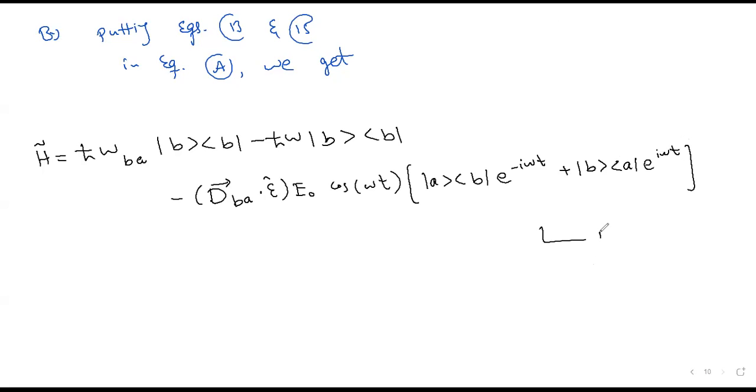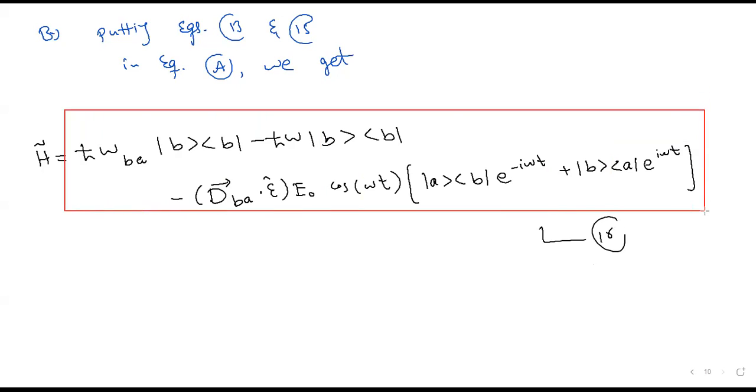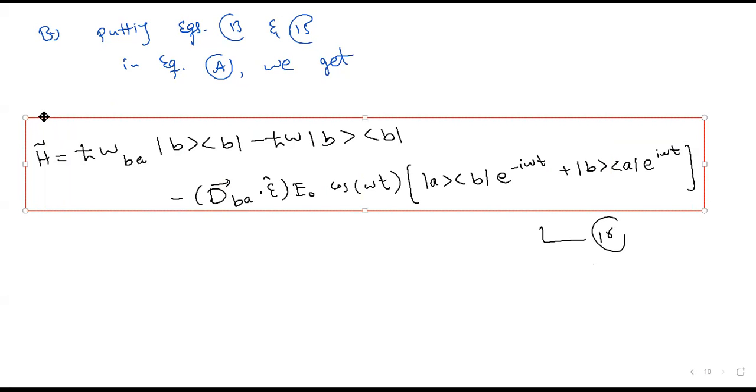Then finally this is my equation number 16. This is the required result. So this is the transformed Rabi Hamiltonian onto a rotating frame.